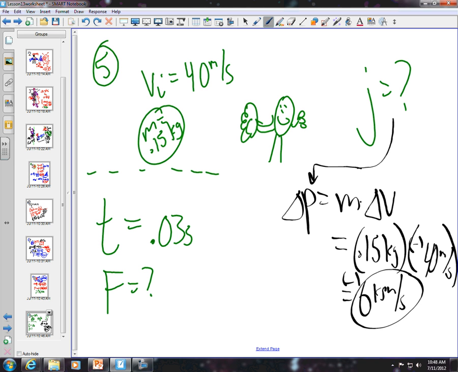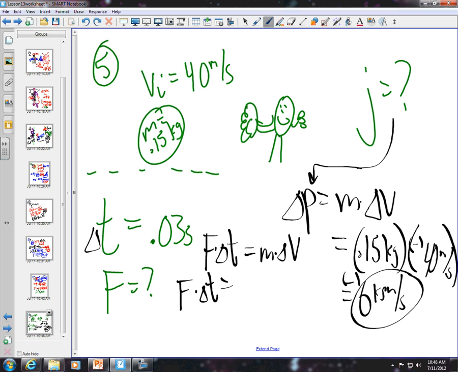Now, F net times delta t equals m delta v. Remember this is always delta t, it doesn't really matter, the passage of time is all the same. So it means that the force and the change in time is equal to the change in momentum.